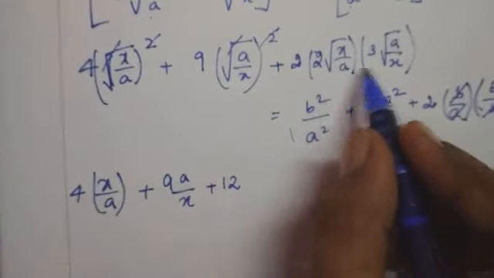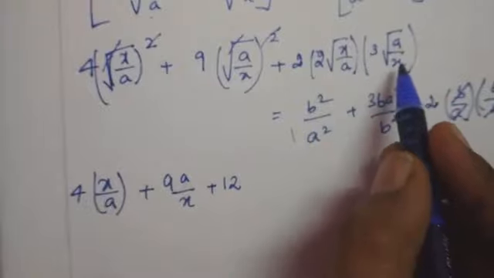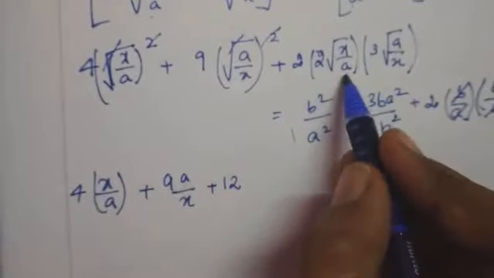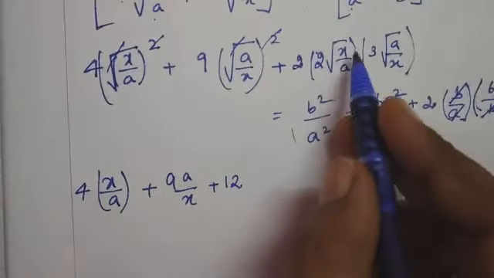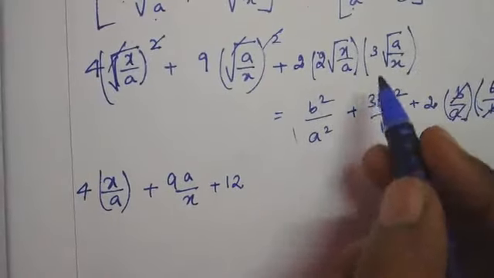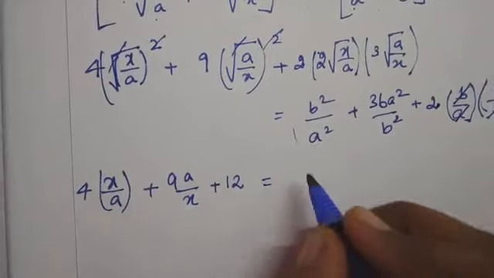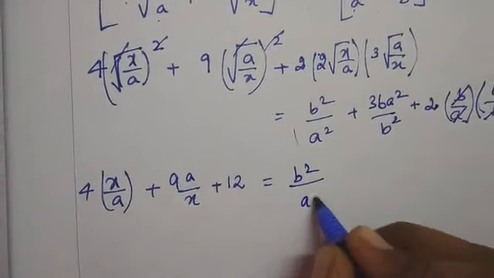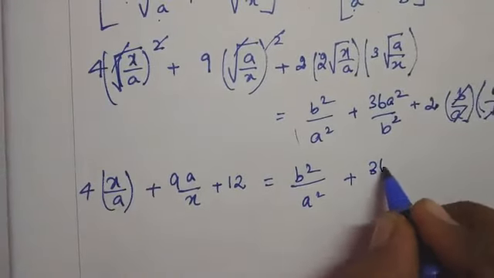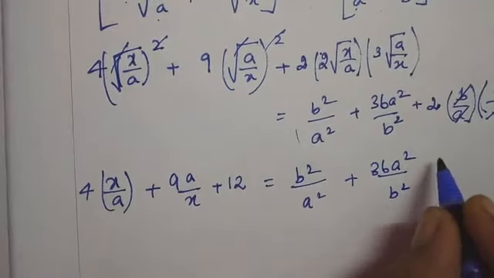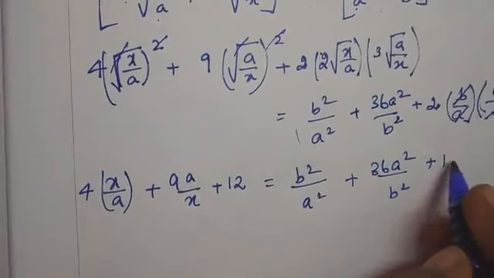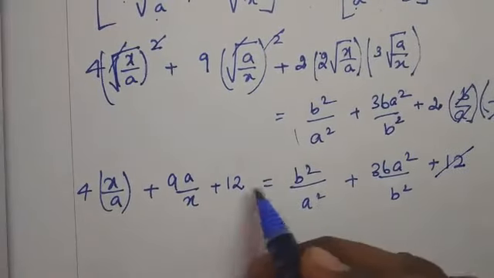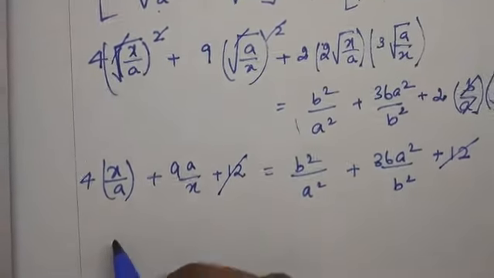Root of x by a into root of a by x is root of x by a into a by x, so which is cancel. These two are reciprocals, so they are cancel. So 12 alone is balance. So b square by a square plus 36a square by b square plus 2 into 6 12. These two 12s are cancelled.